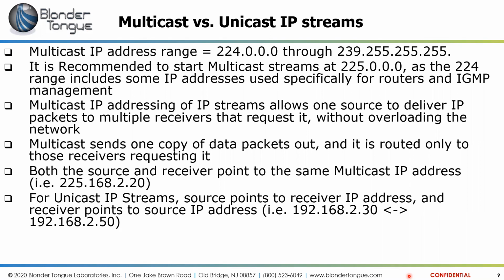For example, 192.168.2.30 and 2.50 are the addresses of the source and the receiver that wants to see that source signal. They point to each other's IP address, and those two are the only ones sharing that IP video signal.